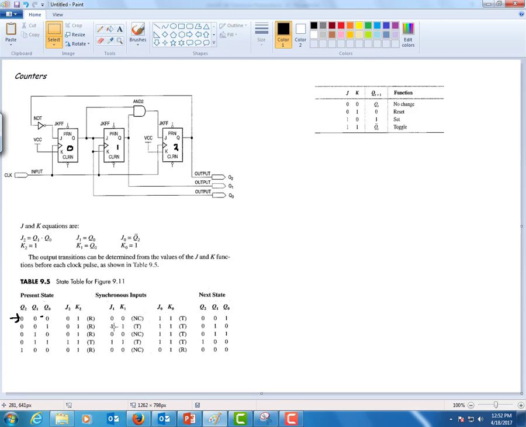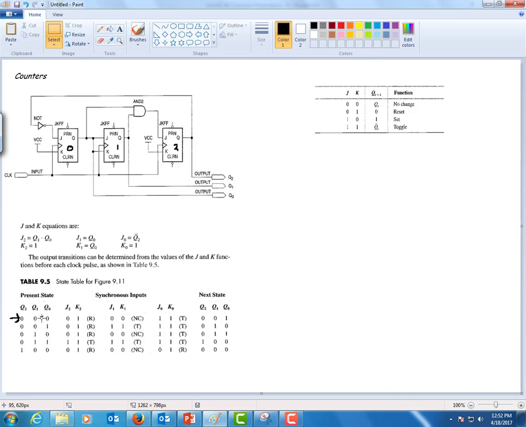All right, so let's try this one. Let's start from left to right. So we're starting here with 0, 0, 0, J2 and K2. What's J2 equal? J2 is equal to Q1 ANDed with Q0. Q0 is equal to 0, Q1 is equal to 0.